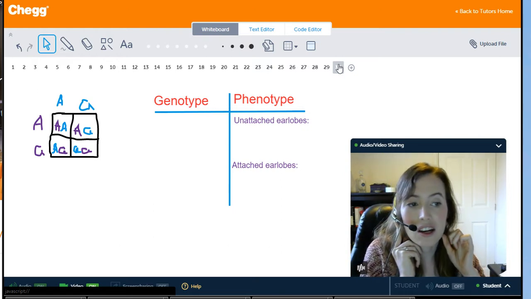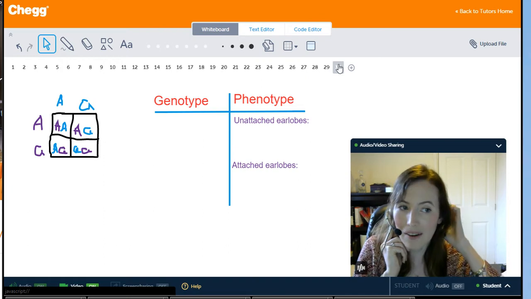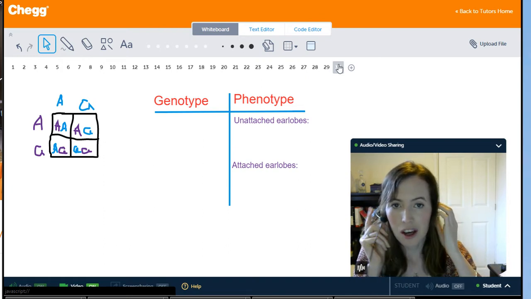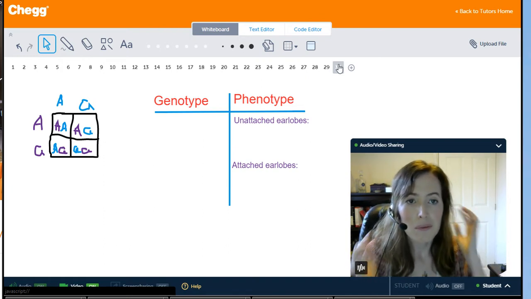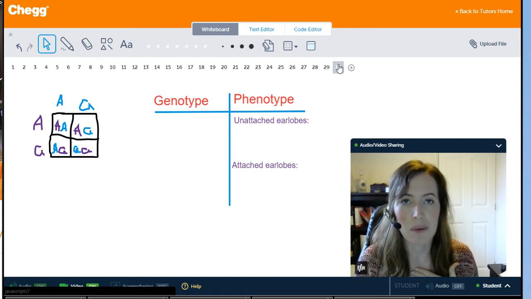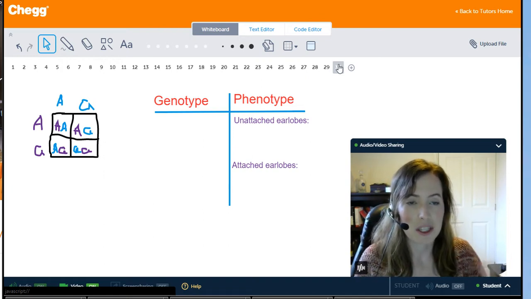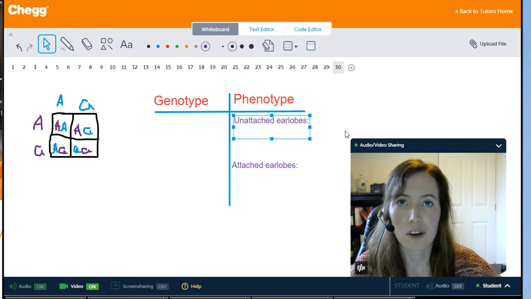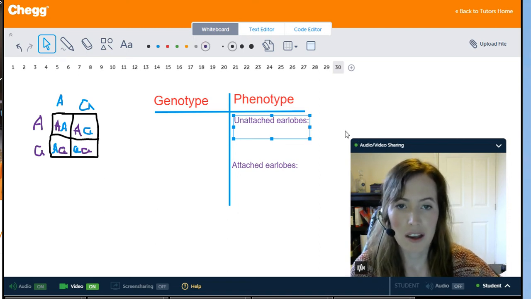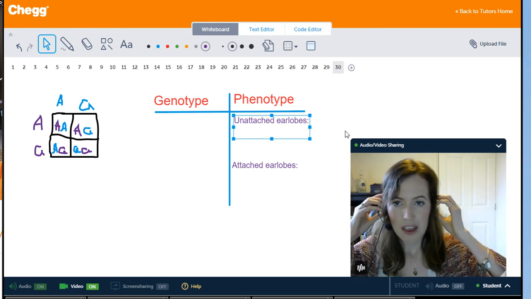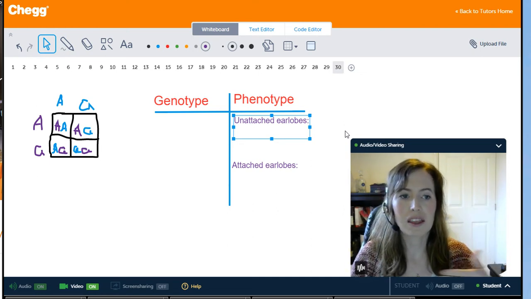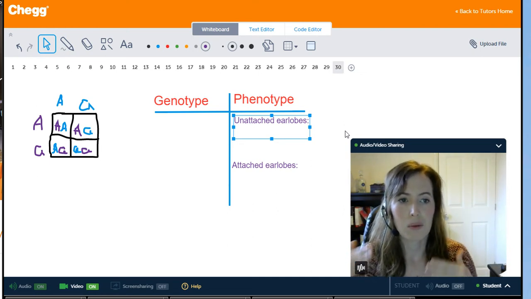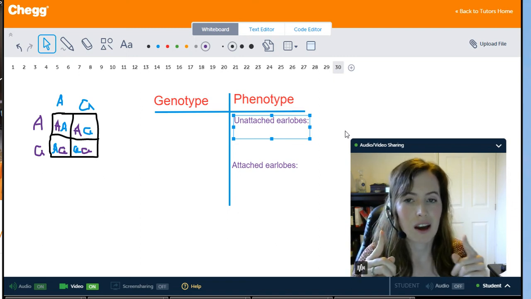And this is the dominant trait, is to have unattached earlobes. Okay? So my phenotype for earlobes is unattached. So this is the one that I would mark for my phenotype. Whereas for my genotype, that's actually concerned with what my two alleles I got from my parents.